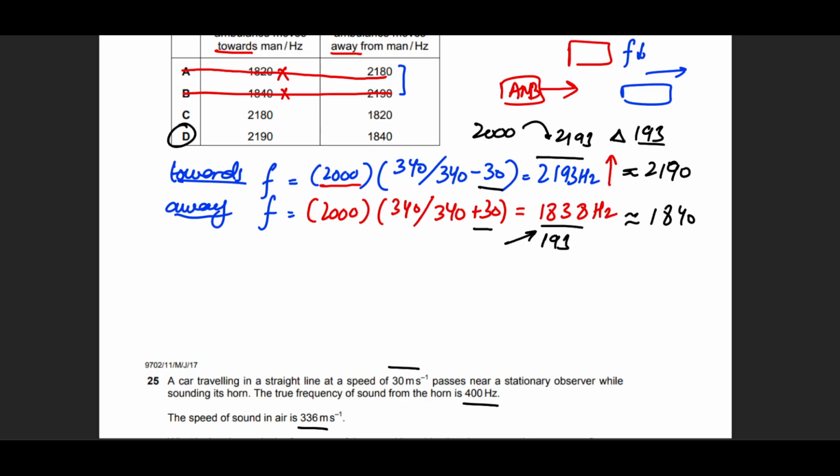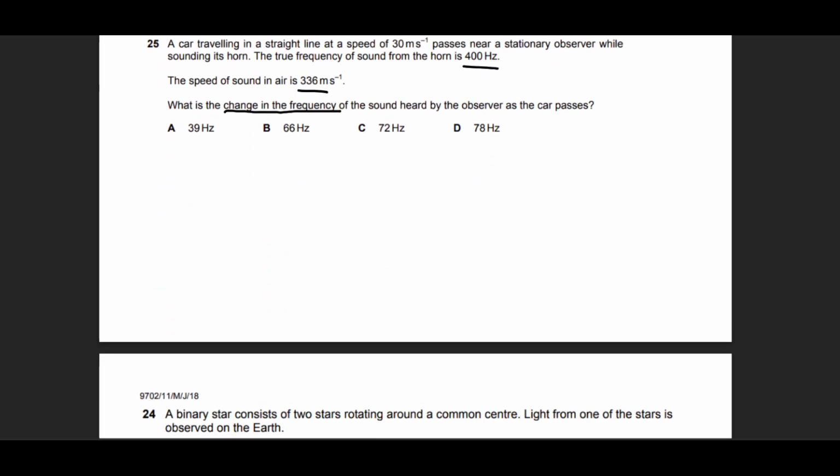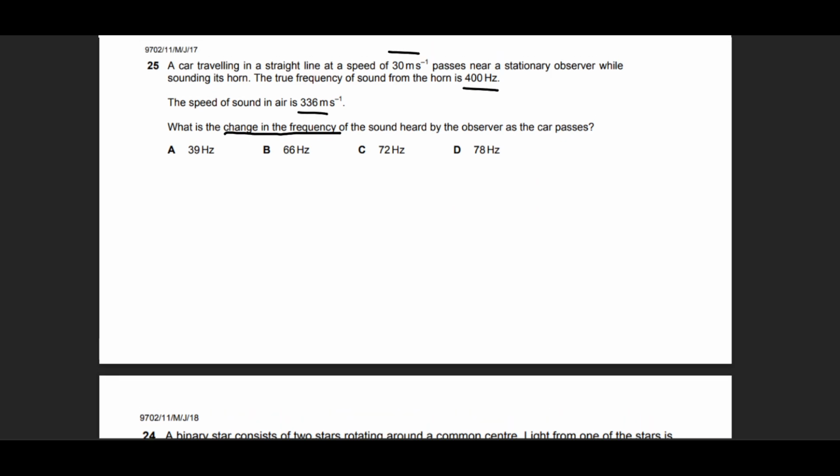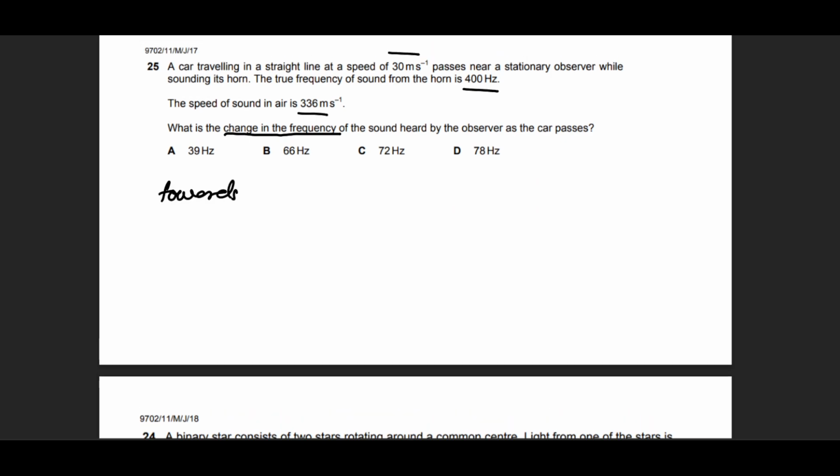Okay. All right. So let's move to this position as well. We're going to calculate both of them, when it is moving towards and when it is moving away from the observer. So towards, it's going to be the standard frequency 400 hertz, 336 speed of sound divided by 336 minus 30, which was the speed of the object.